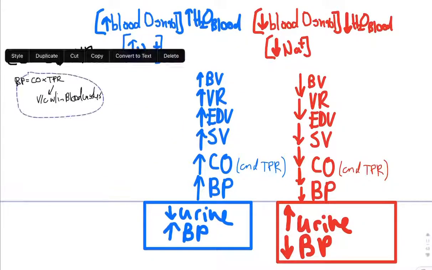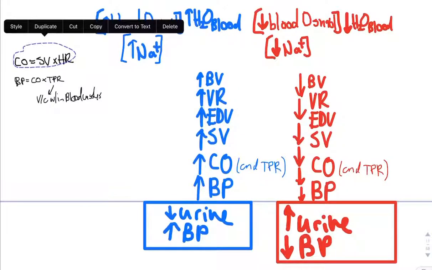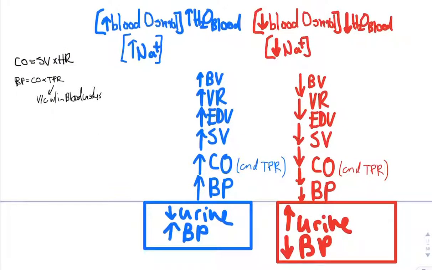So when we look at our blood vessels, we have blood in the kidneys' peritubular capillaries, and then we have fluid and water going back and forth between the nephron and the peritubular capillaries. So we can have a couple of different situations.